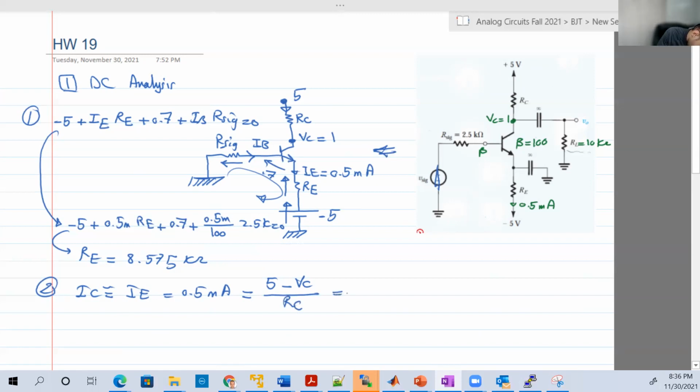So 5 minus 1 over RC equal to half milliampere. So only RC here is unknown. From that, we can determine RC. It will be 8 kilo ohms, which is 4 over half, of course, 8 kilo ohms. Okay.